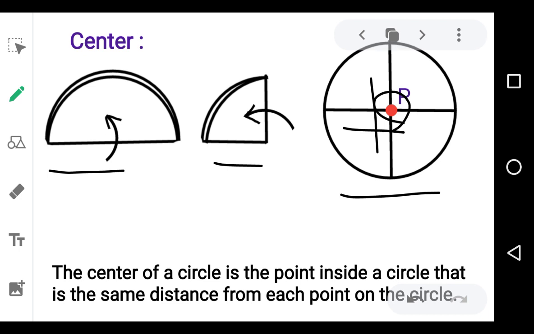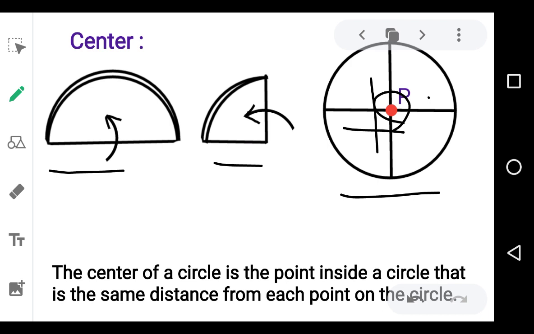What is it called? It is the center of a circle. Here we give it the name P. So P is the center of the circle. The center of a circle is a point inside the circle that is the same distance from each point on the circle.